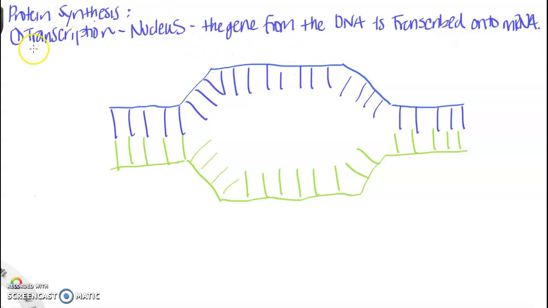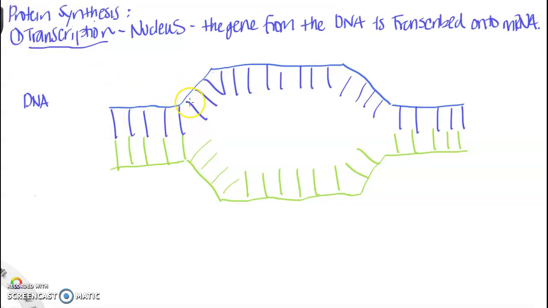So in transcription, we have our DNA here. This is DNA. And this is a section of DNA that contains that gene or the recipe. And what we do is we rip it apart. So separate the strand, and that is done through an enzyme.